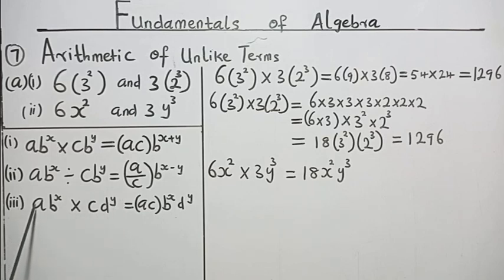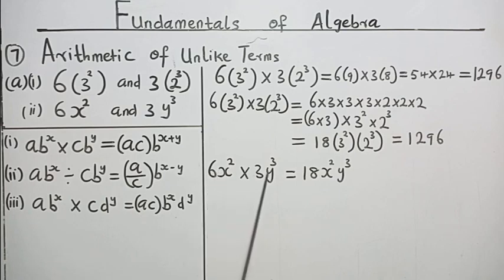A is supposed to be a constant, just like this C, while B and D are supposed to be variables, and then x and y are their different powers. Of course, you see that this expression conforms to what we saw when we carried out this numerical experiment with multiplication.